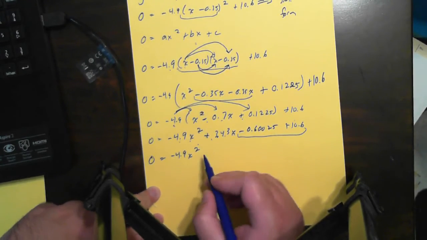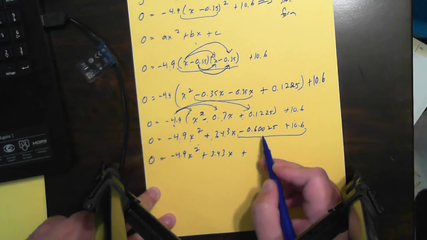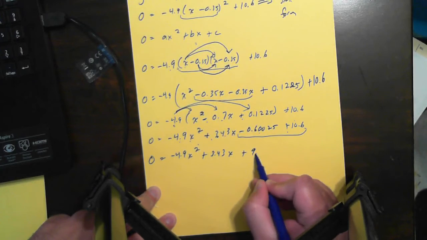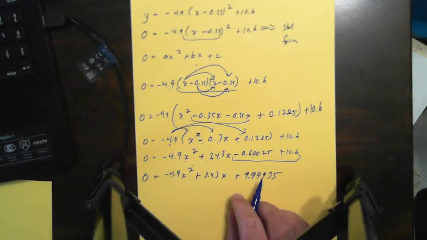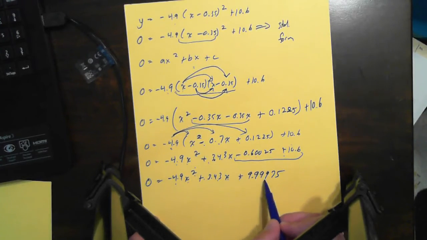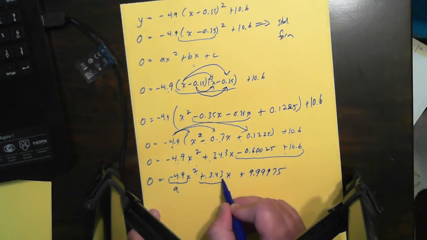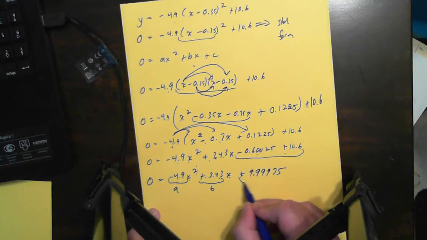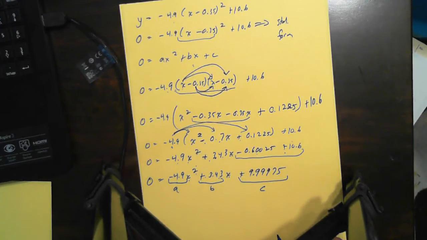So I've got negative 4.9x squared plus 3.43x plus, putting these together, 9.99975. So now there's standard form, ax squared plus bx plus c. So I can tell that a is negative 4.9, b is 3.43, and c is 9.99975.